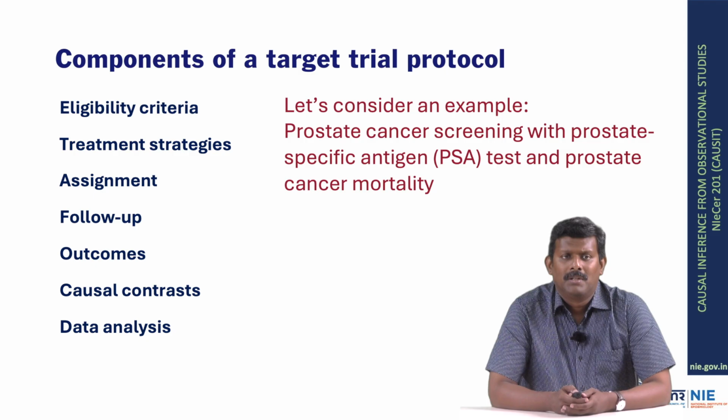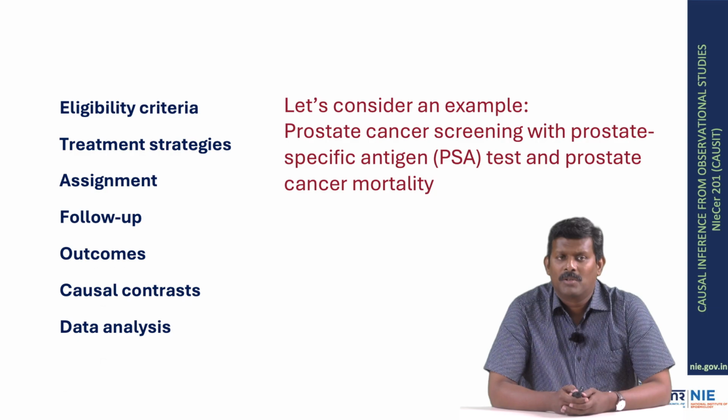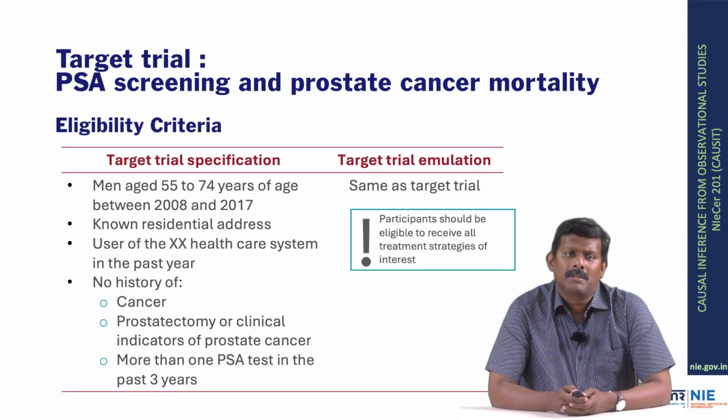In this example, the prostate cancer screening with the prostate-specific antigen test and prostate cancer mortality, the eligibility criteria start with saying that we want to conduct the study among men aged between 55 to 74 years from a particular stated residential area who are users of a particular health system in the past year, with no obvious previous history of cancer, prostatectomy, or more than one PSA test in the past 3 years. The same eligibility criteria can be applied to the target trial emulation.